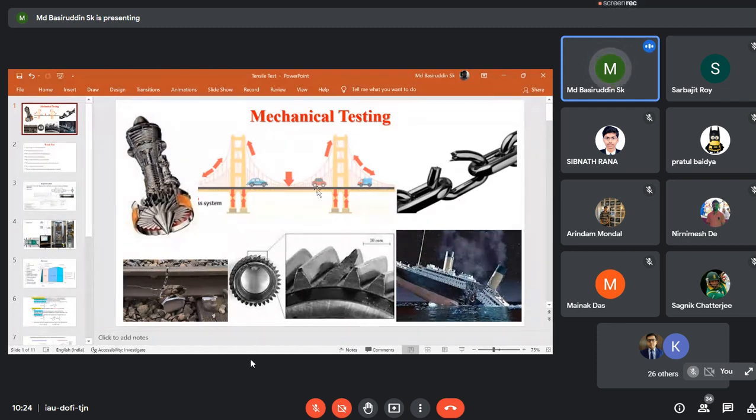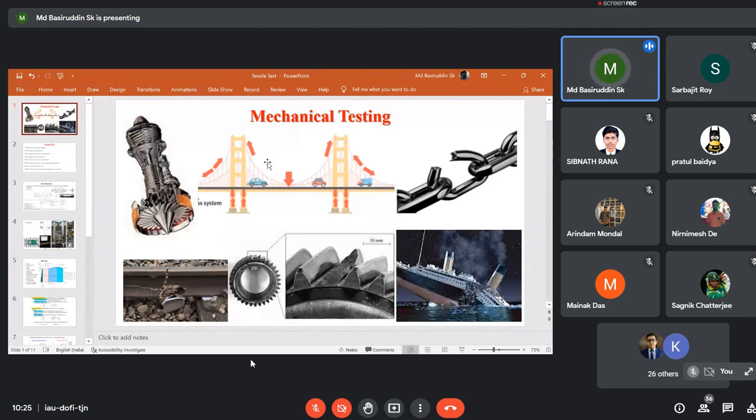Now, in order to test the materials which are used in construction, considering the load that the bridge can experience, we need to test the material before using it in constructing the bridge, right? So you have roughly said the mechanical tests we need to go for in constructing the bridge.